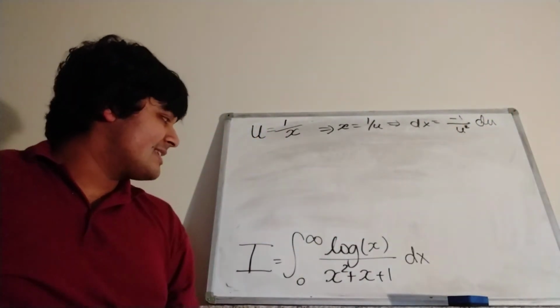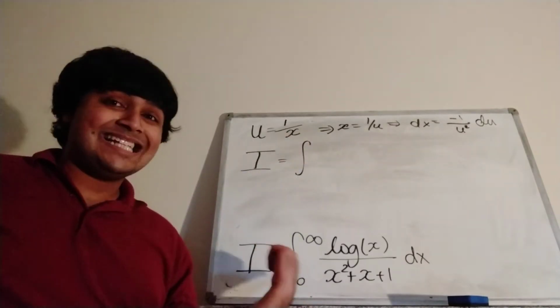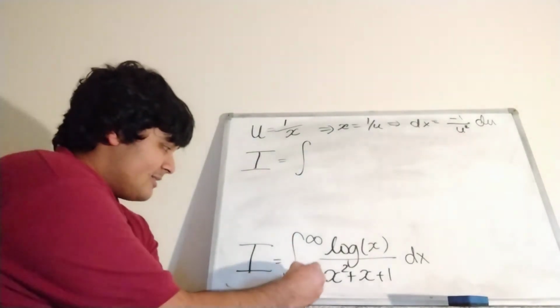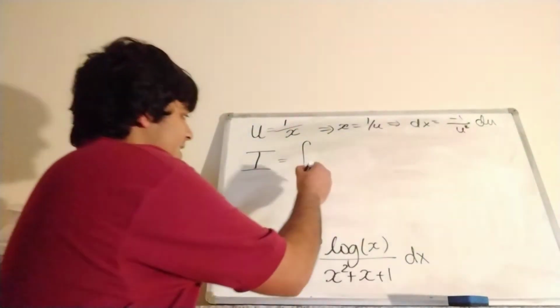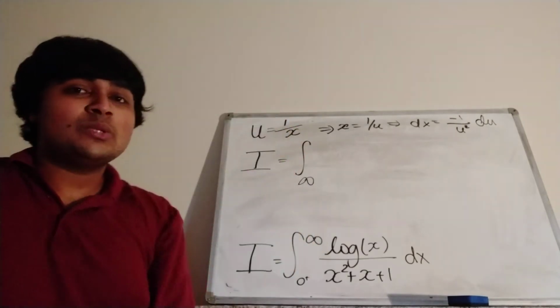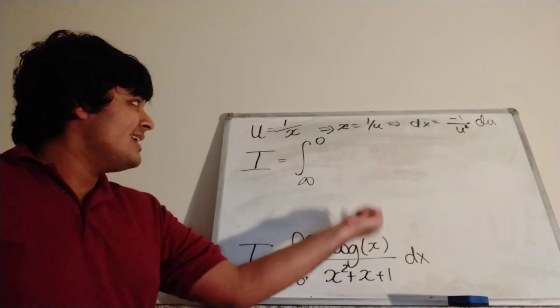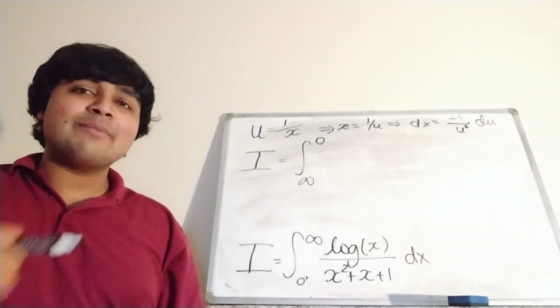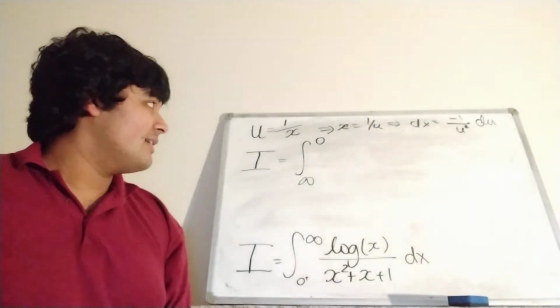So we can write this integral I as the integral from, when x equals 0 from the positive side, 0 plus, u is equal to 1 over 0 plus, which is positive infinity. And when x is infinity, u is 1 over infinity, which is 0. Now log x is log of 1 over u, which is the same as log of u to the power of minus 1, and we can bring that minus 1 out to the front.